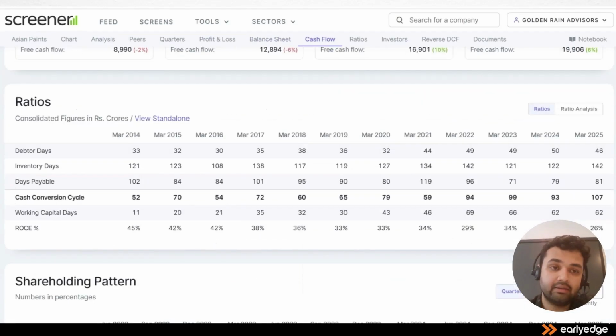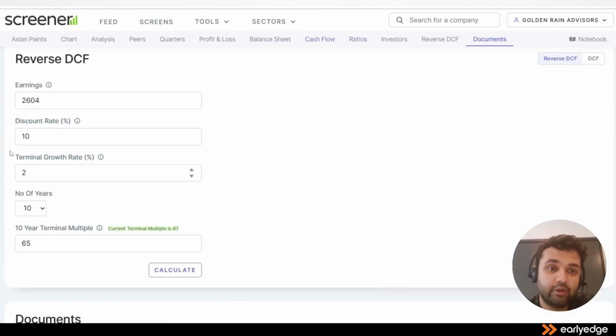And this discount rate is the minimum return you expect from the investment. The bank is giving 7%, so your minimum return, bear case, should be 10%. I would want a higher return, but at least 10% should be the return you would want from any stock that you are investing in. Terminal growth rate is what the company would grow after the number of years you're keying in here, on a conservative basis.